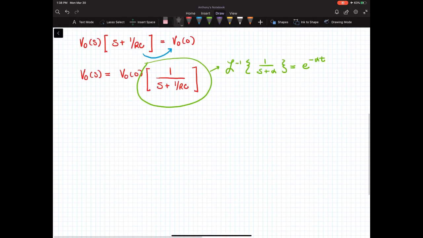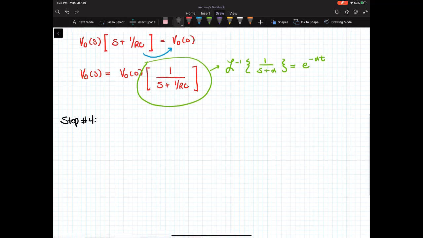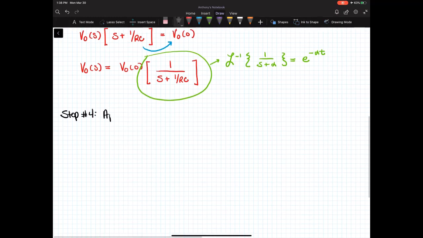So we're on step number 4. Step number 4, apply inverse Laplace to yield the answer.